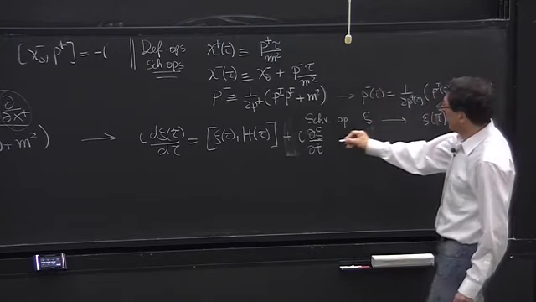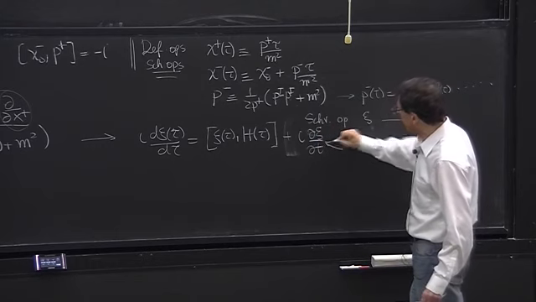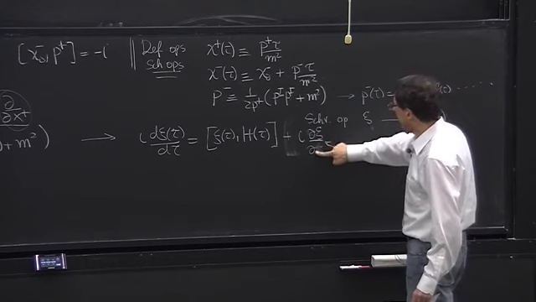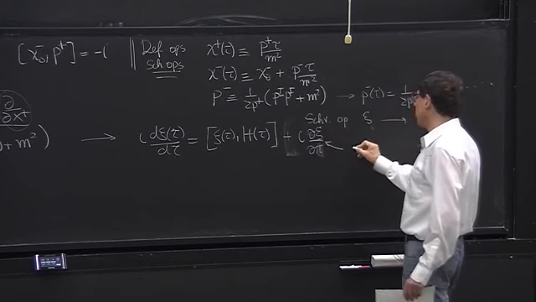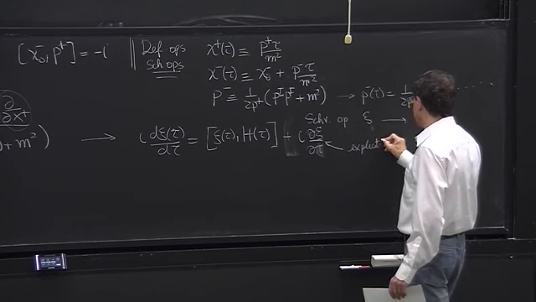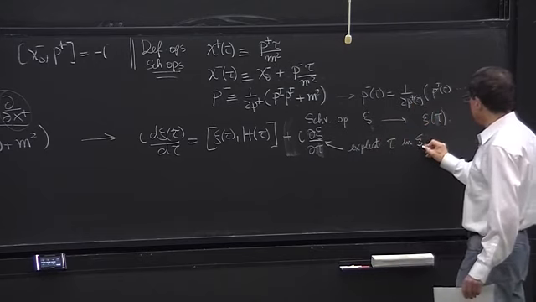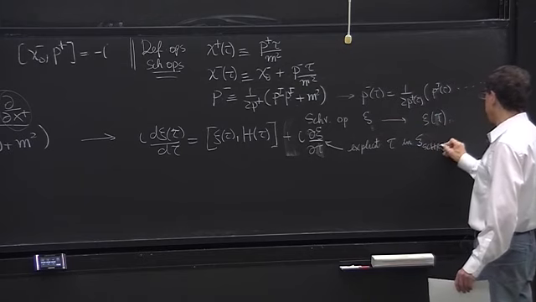And this derivative really means the differentiation with respect to the explicit tau in psi Schrödinger.